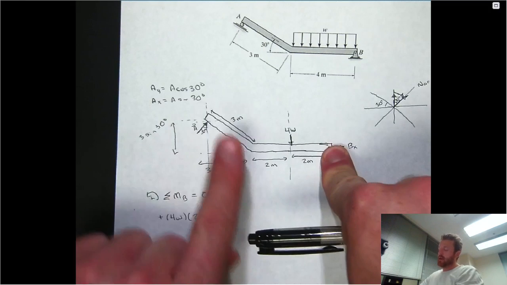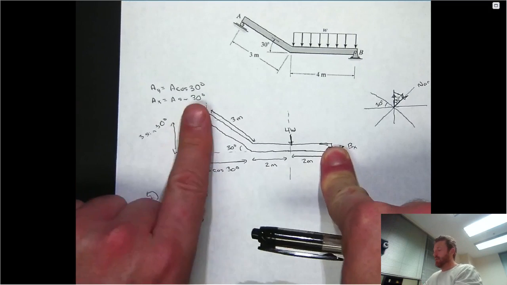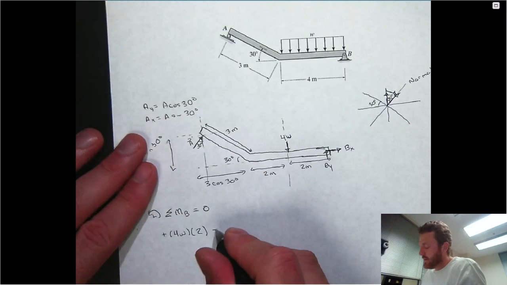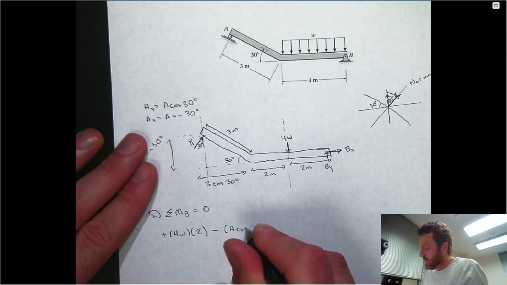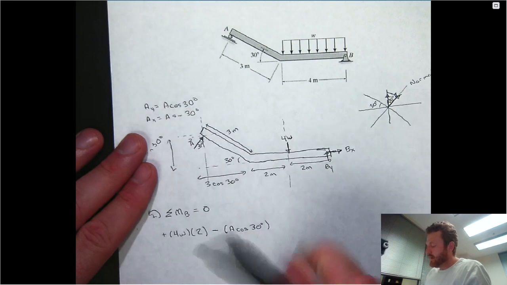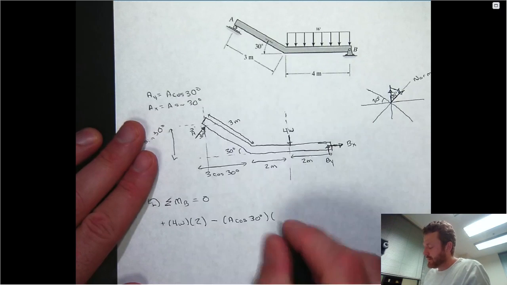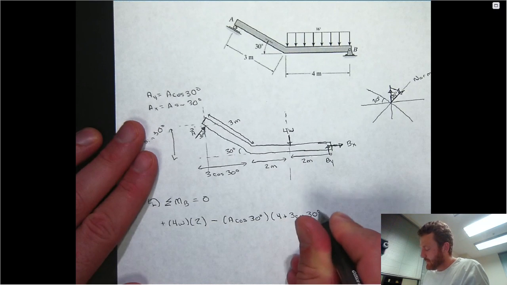If you pin at A, and we assume the normal acts in the traditional direction, the y component would induce clockwise rotation, so it's going to be negative. The y component of A is A cos 30, and it's going to be at a perpendicular distance of 2 plus 2 plus this. So I'll just write 4 plus 3 cos 30.